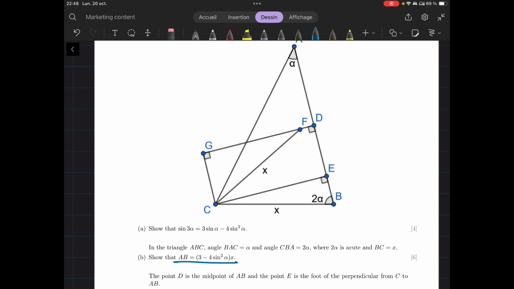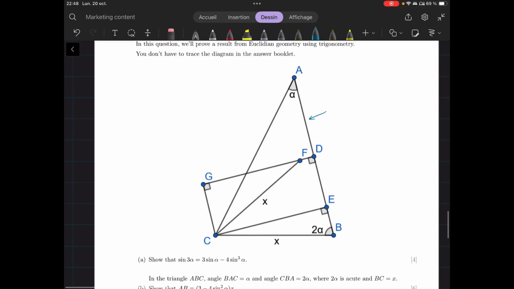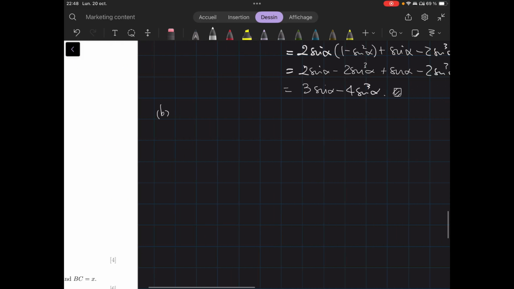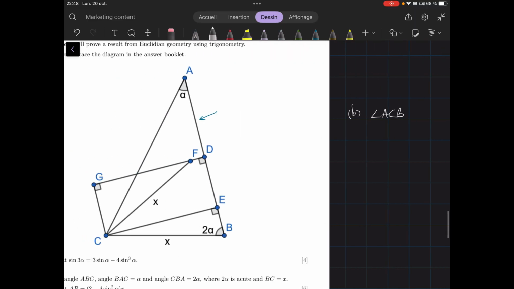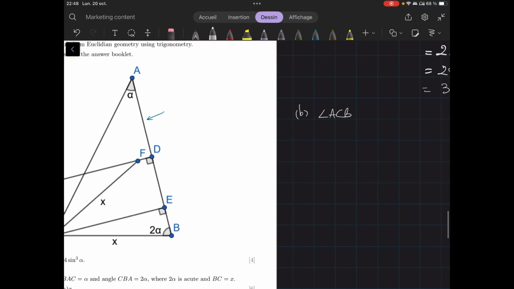We already have angles alpha and beta. So let's go ahead and apply the sine rule to get the length of AB. We know that angle ACB is equal to 180 minus 3 alpha, or pi minus 3 alpha radians.